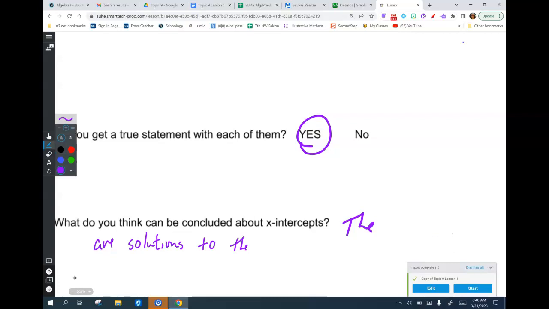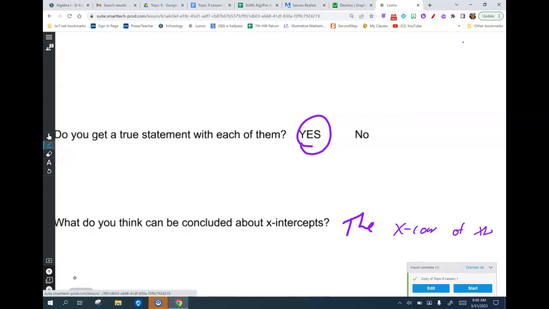The x-coordinate of the x-intercepts are the solutions.